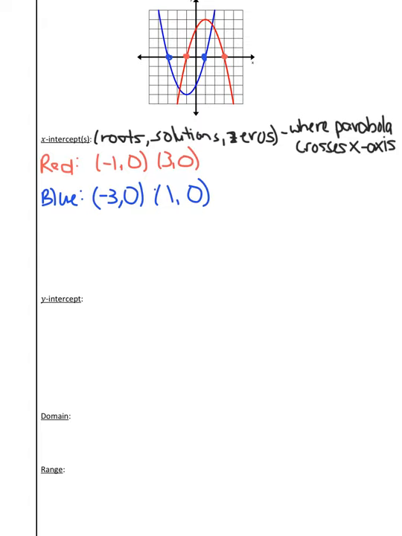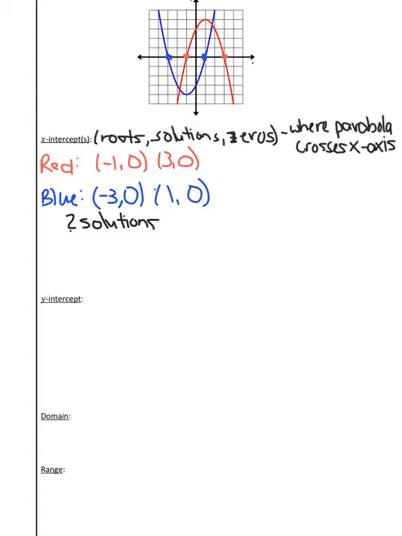When we're talking about solutions to a quadratic, there are three possible types of parabolas. So let's go ahead and I'm going to list those down here. This is one of those important conceptual things to understand. So two solutions is what we have in our parabolas that we have graphed.